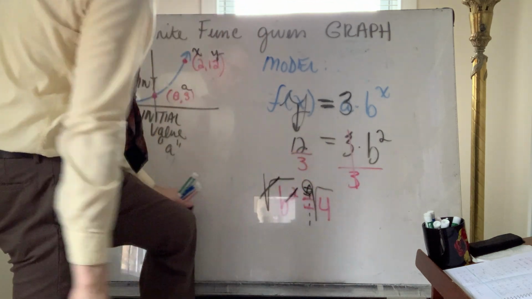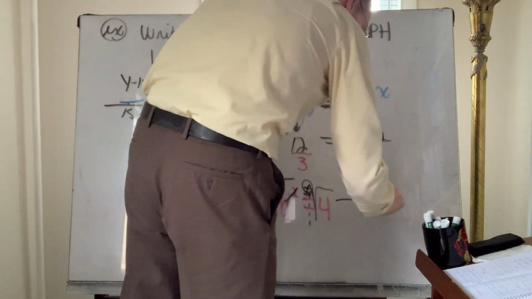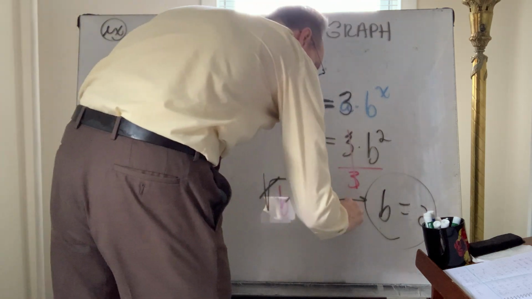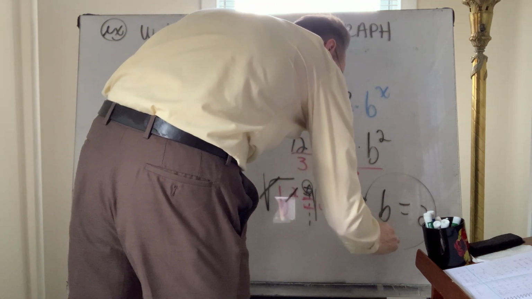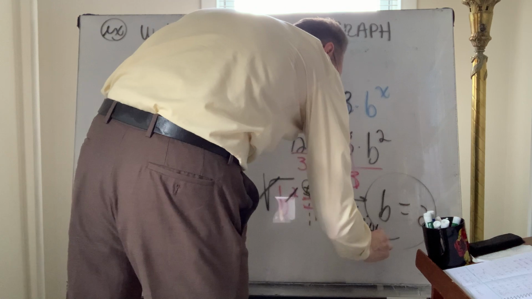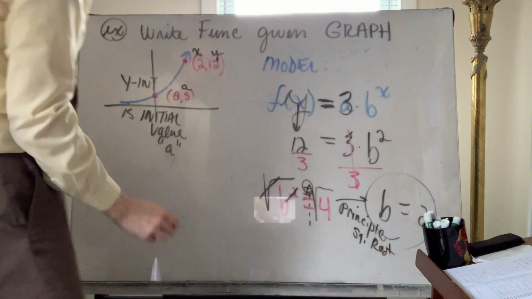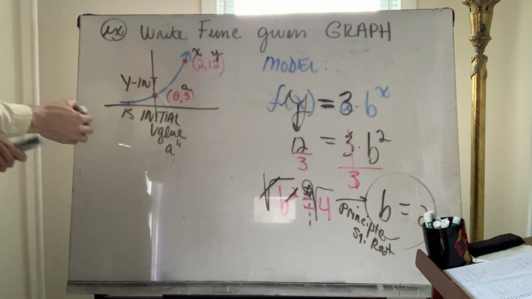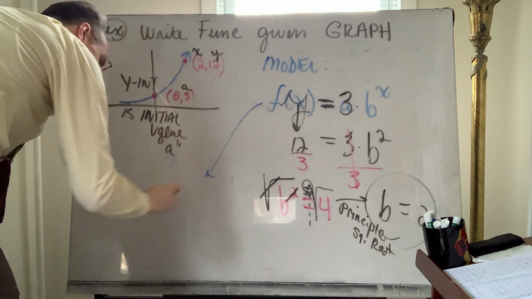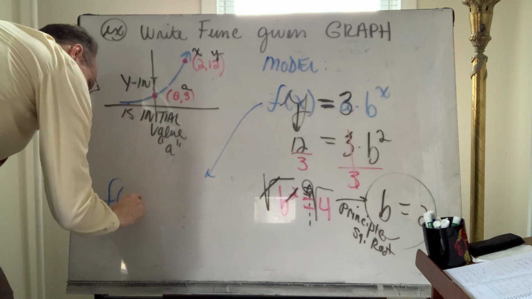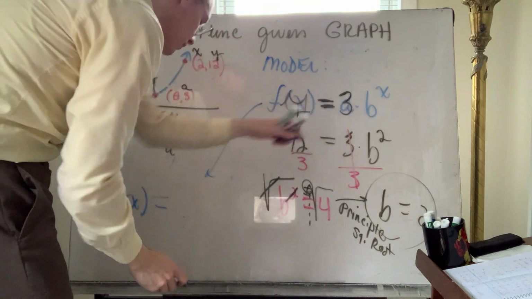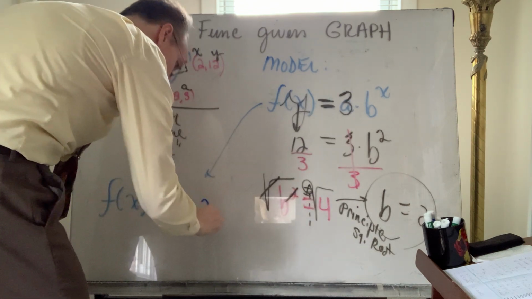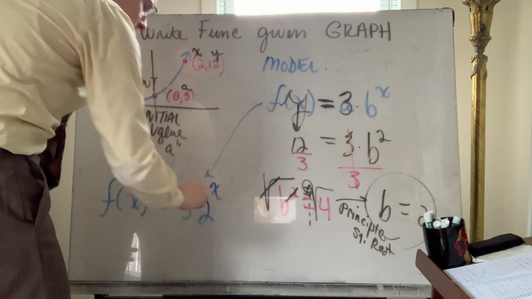Let's go with the principal square root, which means that b is equal to 2. And therefore the more cleaned up version of this would be the function of x. The a value is still 3. We just calculated b is 2, and this is an x here.